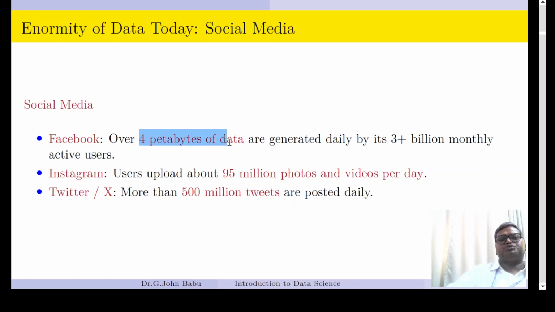That is an enormous amount of data. Now, if you take Instagram, per day 95 million, that means 9.5 crore photos or videos are being uploaded. Imagine 9.5 crore. Twitter or X, more than 500 million tweets are posted daily.